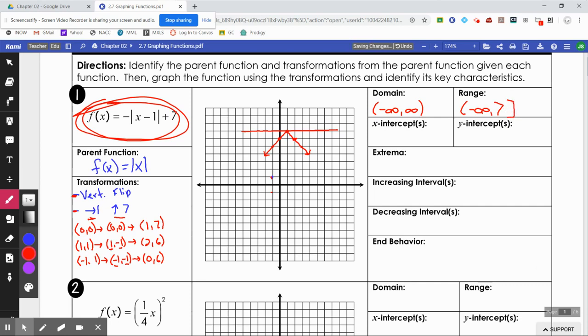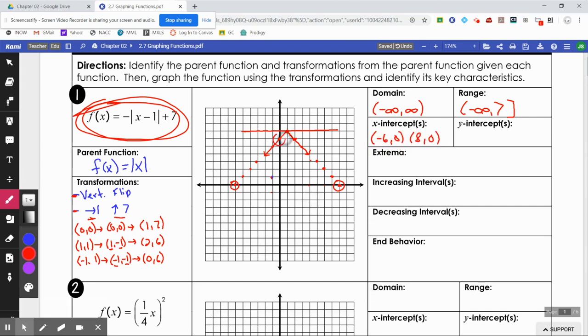To find your x-intercepts and y-intercepts, I'm going to extend this on, and you see that it's going to cross the x-axis here. It would also cross the x-axis here, and that's going to be at negative 6 and 8, so negative 6, 0 and 8, 0.